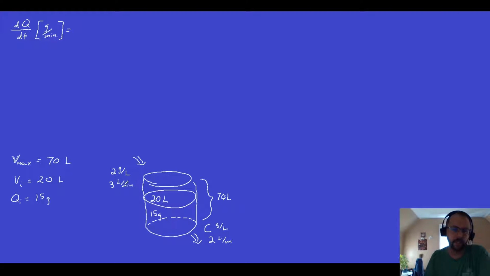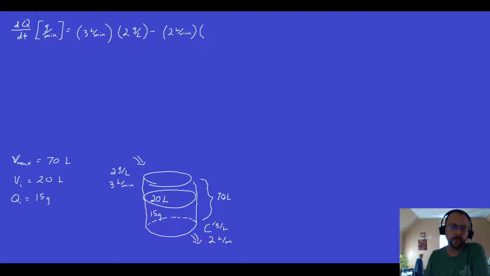Now if we look at what's going in, if we multiply these two values, the liters cancel and that will give us grams per minute, which is what we want. So we have 3 liters per minute, which is our rate, times 2 grams per liter, which is our concentration, minus the rate going out, 2 liters per minute, and then times the concentration.